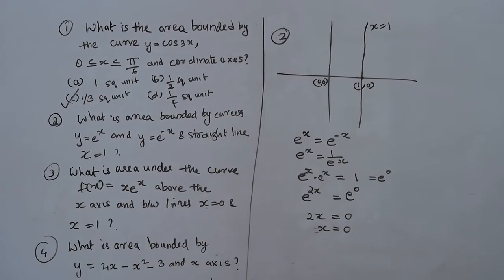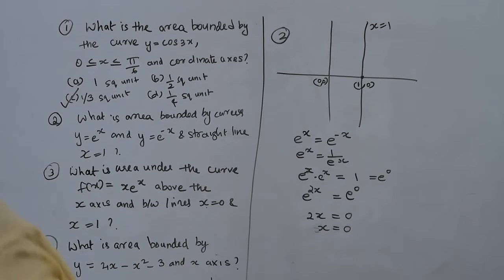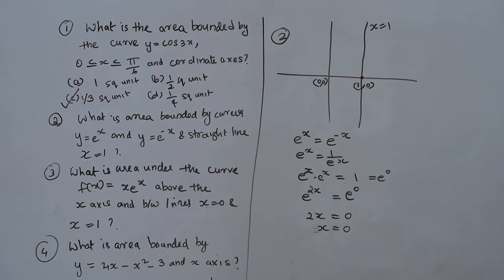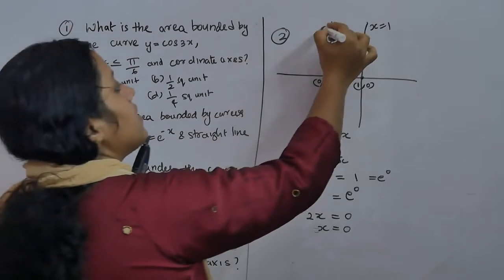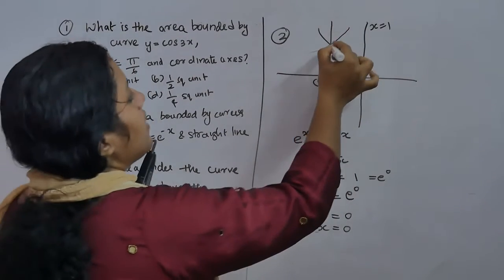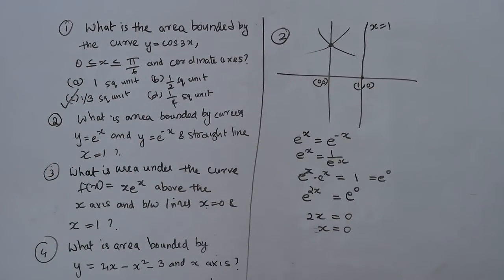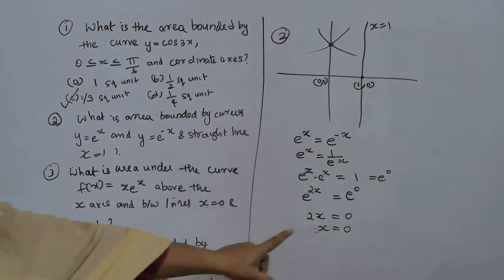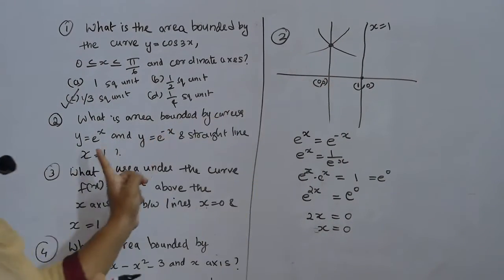So they mean the area bounded by these two curves and the straight line x is equal to 1. The e raised to x curve will be like that and they meet at this point. So what is the area bounded by these curves and x is equal to 1?